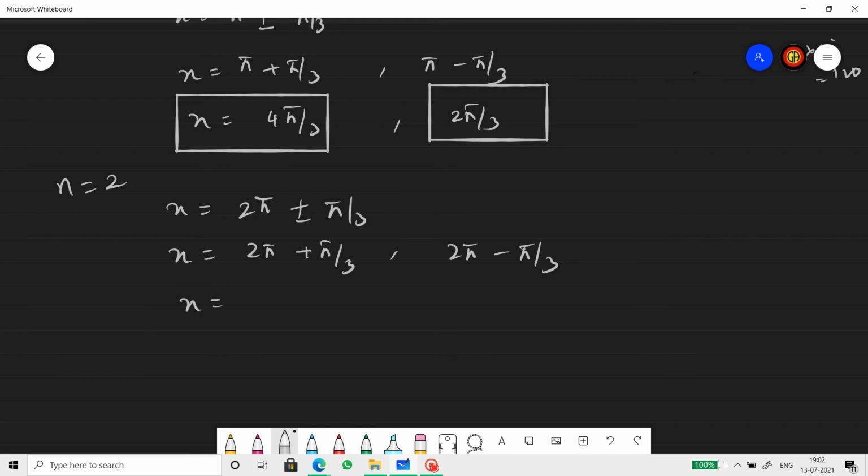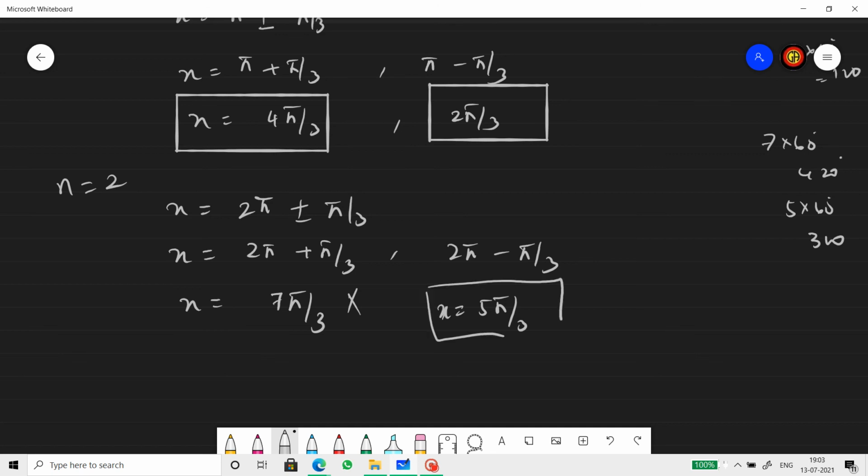So x is equal to 7 pi by 3, comma, 5 pi by 3. 7 pi by 3 is 7 into 60, 420. Crosses 360 degree. So I have to reject this. 5 pi by 3, 5 into 60, so 5 sixes are 30, 300. So I can accept this. So x is equal to 5 pi by 3 is accepted. And thereafter you won't get, because it will cross 2 pi.